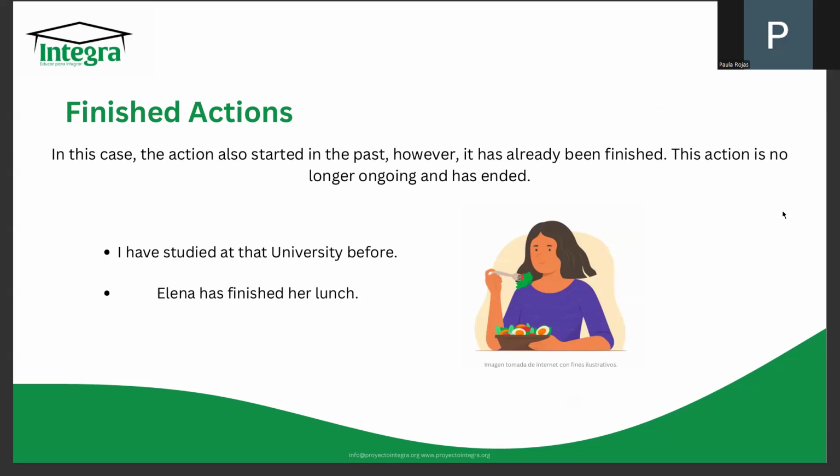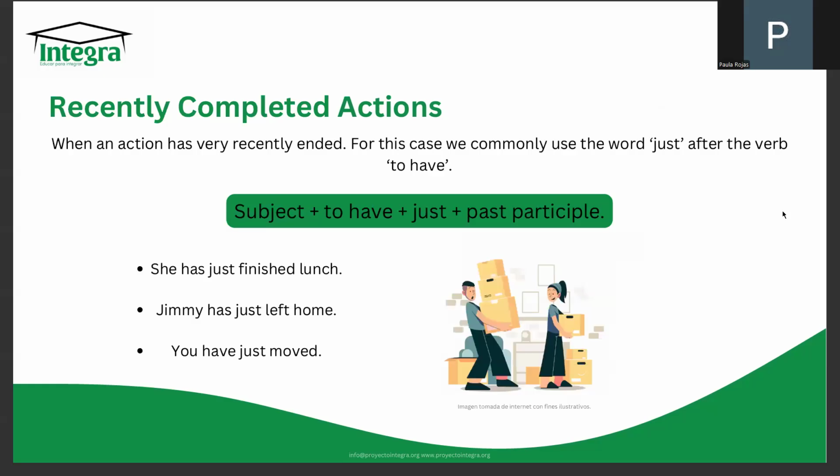So some time ago, I studied at that university, but now I'm not studying there anymore. Or Elena has finished her lunch. Elena started her lunch some time ago and she already ended, right? She already ate everything.